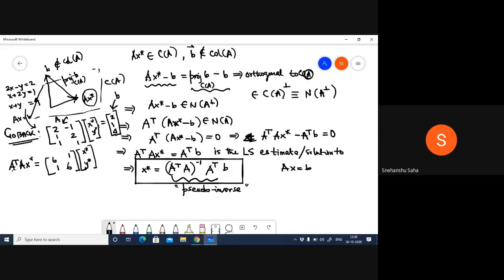So if you multiply A transpose with B, what you are going to get is 9 and 4. Okay, all right. You solve this, and you will obtain your X star. And that is, I'm just straight away writing the solution, 10 over 7 and 3 over 7. Okay, so this is your approximate solution.